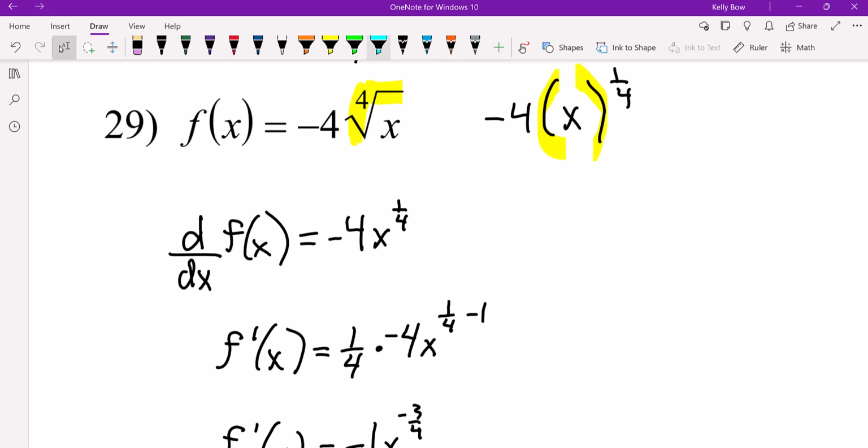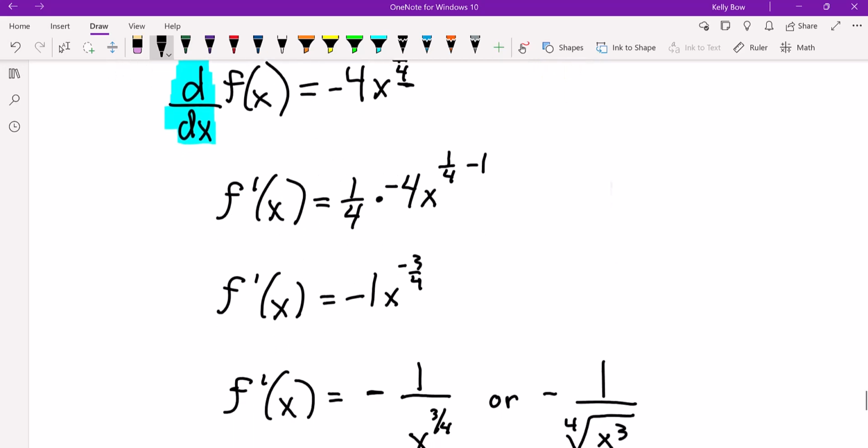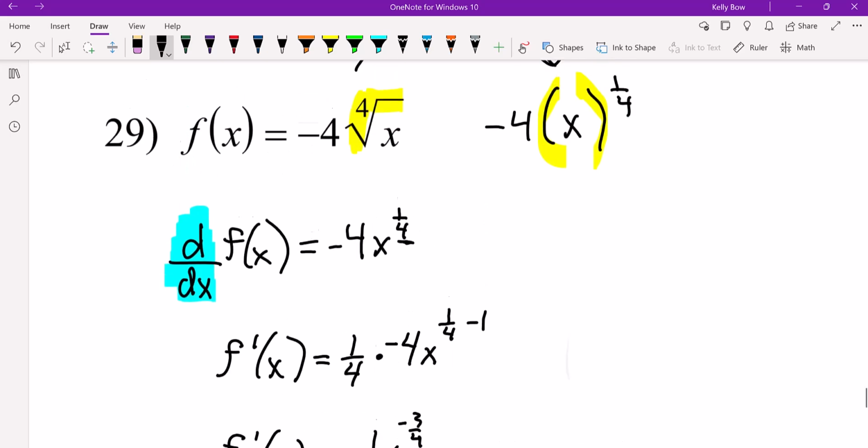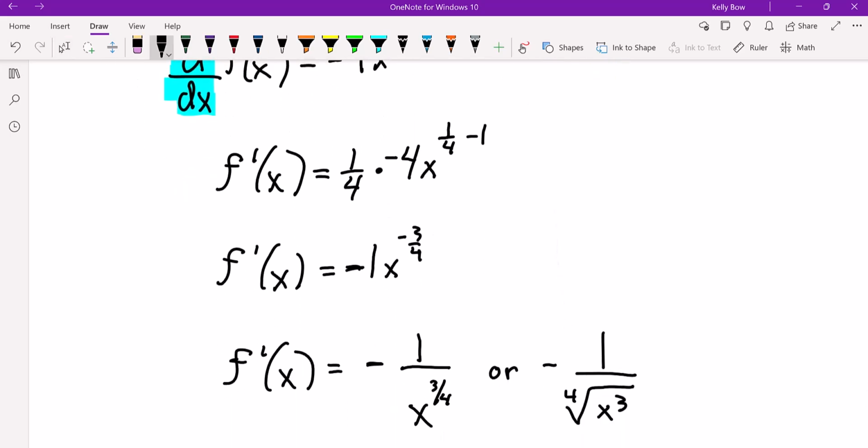So we have the operator that says take the derivative of f of x, which is negative 4 x to the positive 1/4. So the exponent comes in front, times negative 4x to the 1/4 subtract 1. So 1/4 times negative 4 is negative 1. It looks almost exactly like what we did above, x to the negative 3/4. So I end up with negative 1 over x to the positive 3/4.